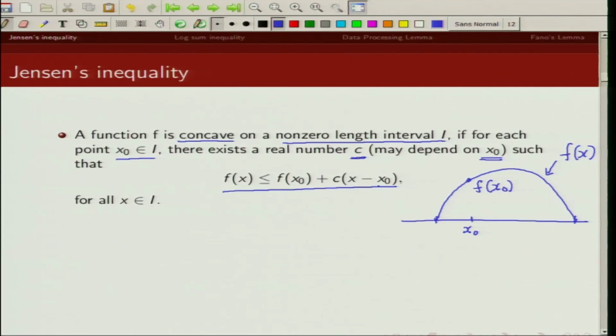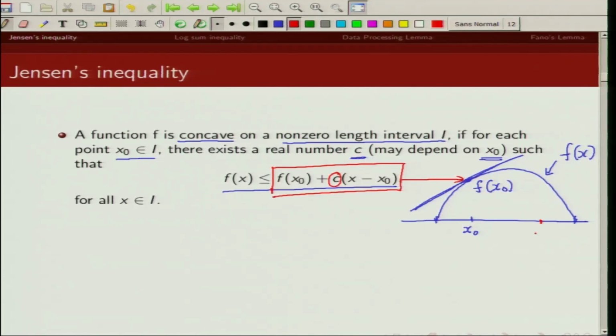What is c times (x minus x0)? It is a line passing through x0 and passing through this point. So this will be basically a straight line passing through x0. Now note that this c, the slope of this line, depends on what choice of x0 I choose.